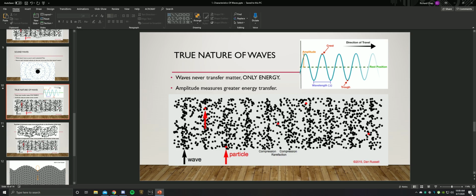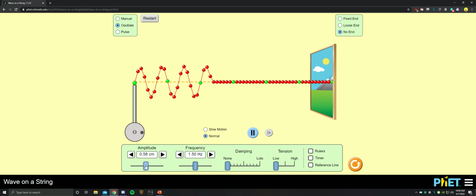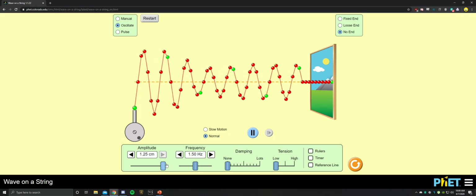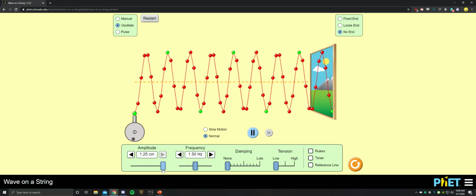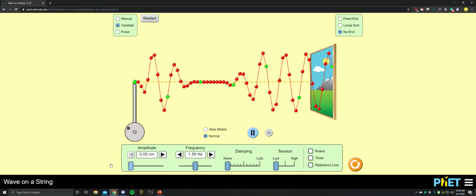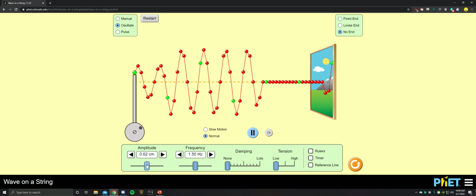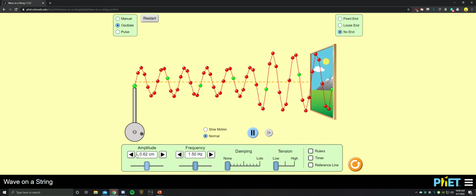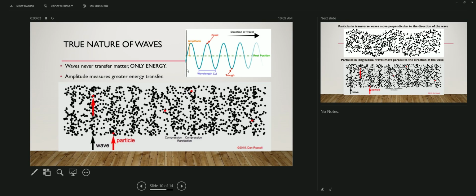Let's go back to your PhET simulation and make it oscillate. Your amplitude is 0.5, and if you increase your amplitude, you're increasing your energy transfer. Let's decrease it now. Zero amplitude, high amplitude, medium amplitude. Again, you're equating amplitude to energy.